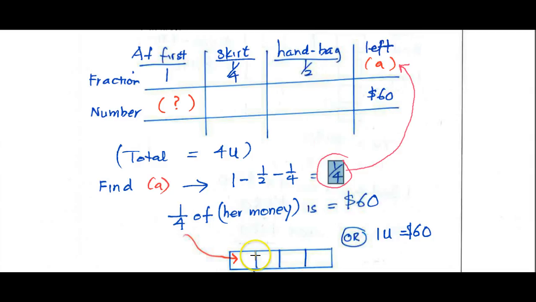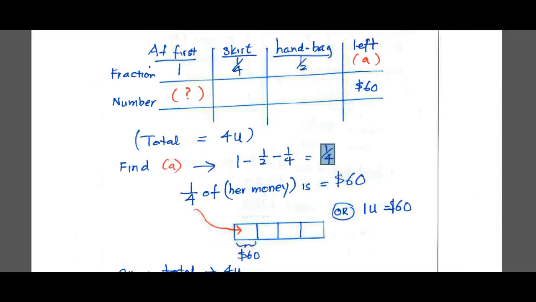So we found out from here, this is a quarter, this whole thing is $60. This 1 unit here is $60. This whole thing must be 60 times 4: 60, 60, 60, 60. That is the amount of money she has. Let me zoom out a bit.